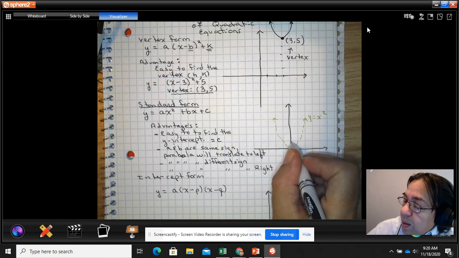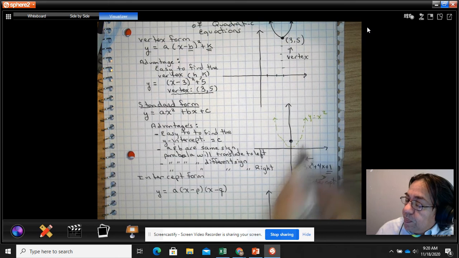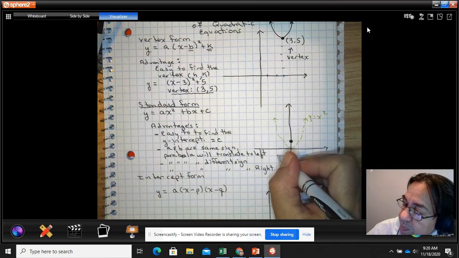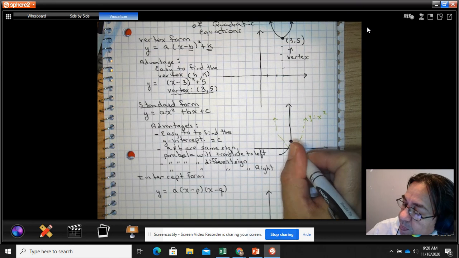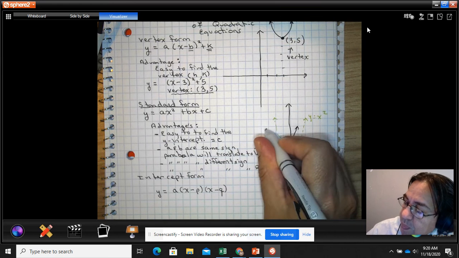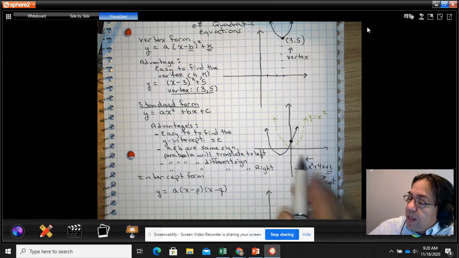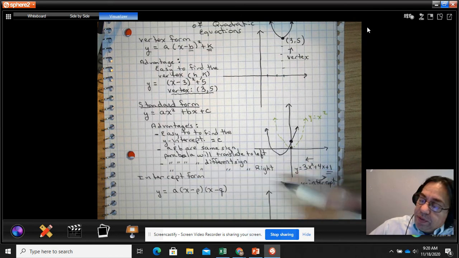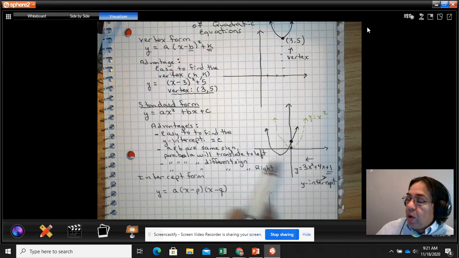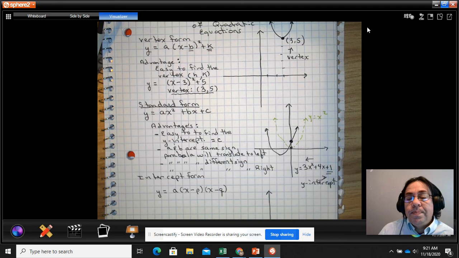So I'm going to put my y-intercept of 1 right there, and I'm just going to sketch. I know that that vertex moved to the left. Again, that is just a sketch. After the holidays, we'll talk about all the other possibilities that exist there.